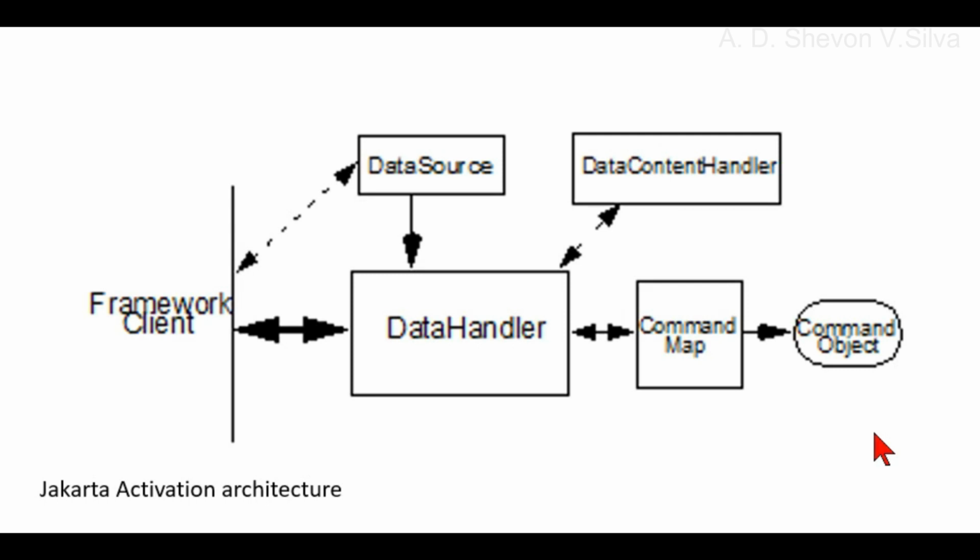The data source interface. The data source interface encapsulates an object that contains data and that can return both a stream providing data access and a string defining the MIME type describing the data.